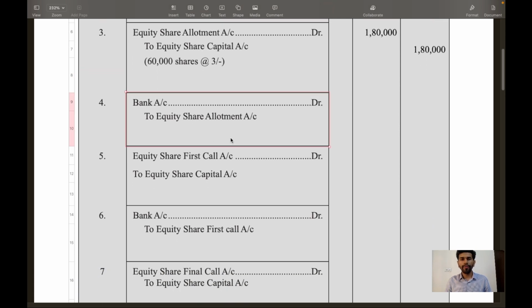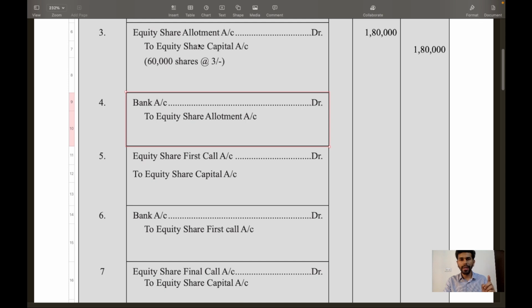On receipt of allotment money, the entry will be bank account debit to equity share allotment account. Bank is the receiver of allotment money, therefore bank will be debited. Allotment account is a temporary account.